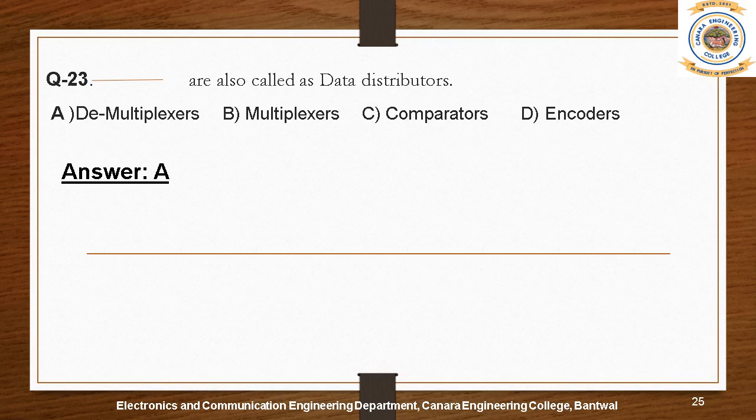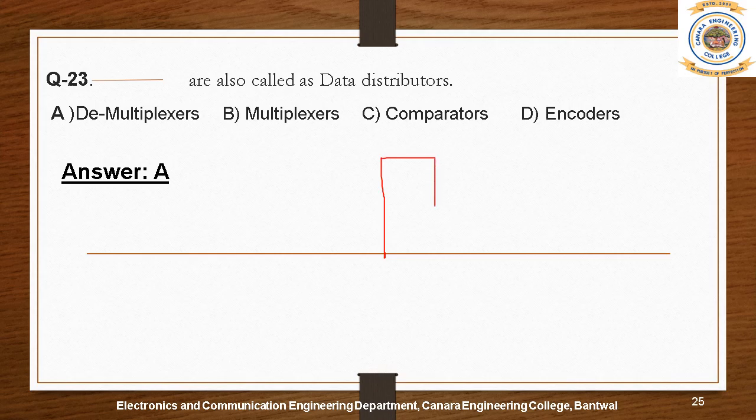Your data comes through a single communication channel, and your demultiplexer will distribute it to the required locations. That is why it is called a data distributor.